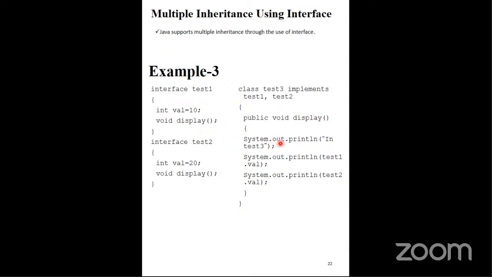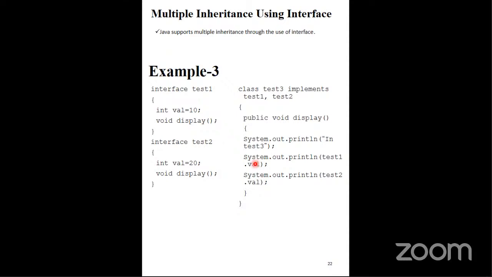How will I access this constant variable? Test1.val and Test2.val. Because there is ambiguity, the same constant is available in both the interfaces, I require to resolve this ambiguity with the help of interface name dot constant name.